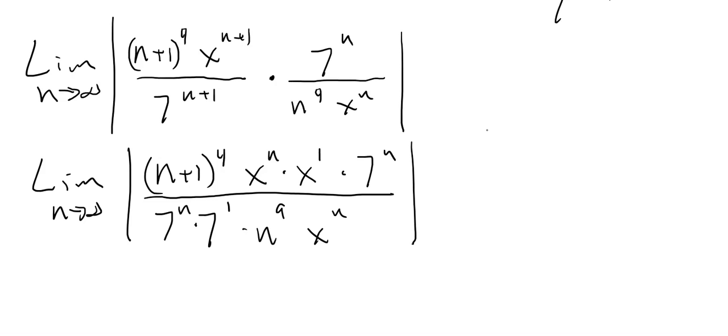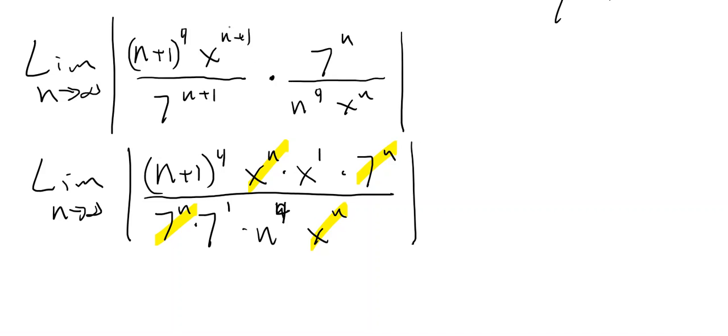And so some of this is going to cancel out. Let's see, we have x to the n cancels with x to the n, 7 to the n cancels with 7 to the n. And that is n to the fourth right here, not the ninth. It looks like a 9.